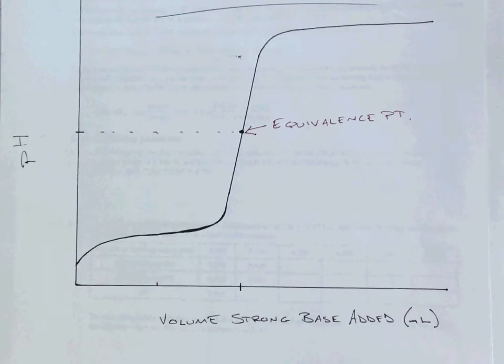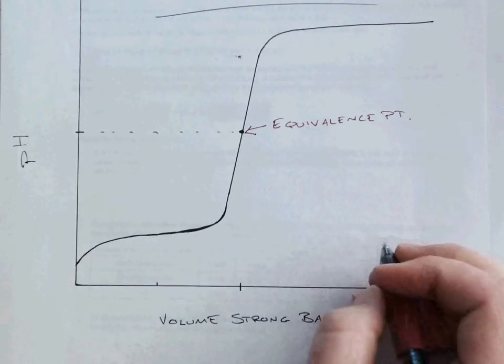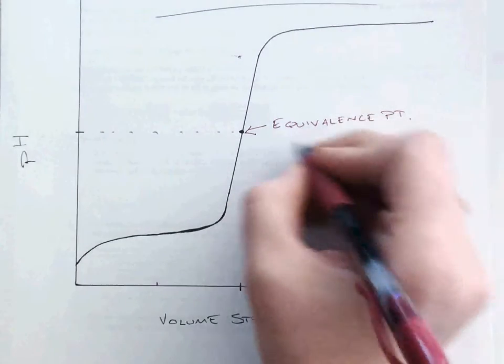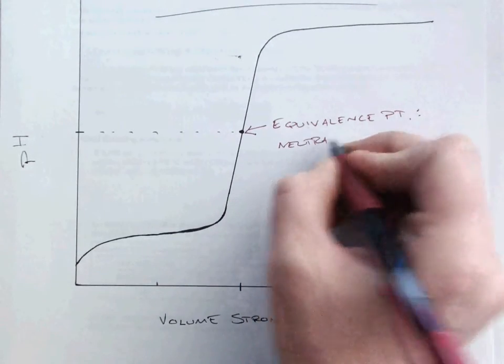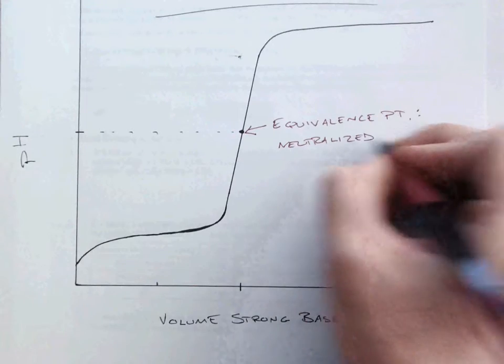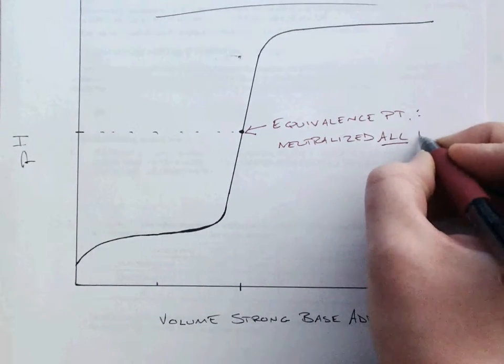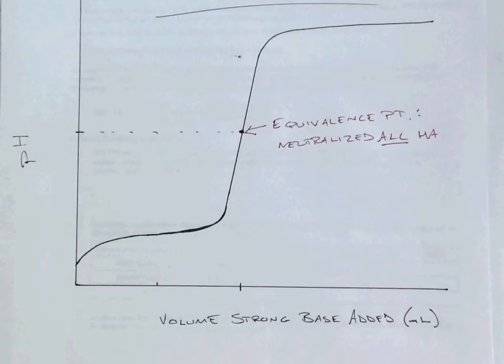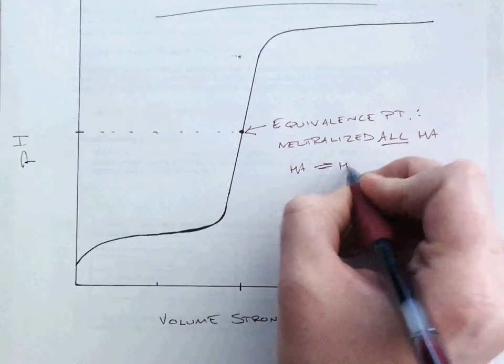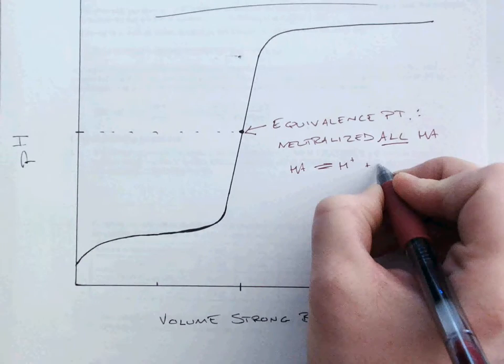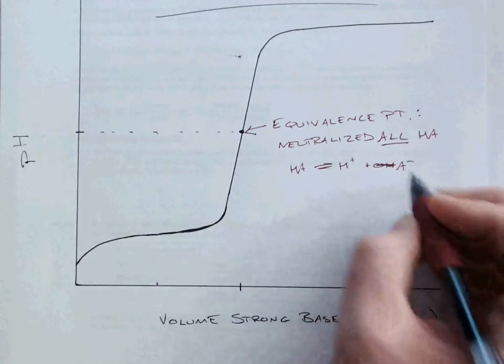is very important. The equivalence point is when you have neutralized all the acid. Now, what does that mean? Sorry, HA and A minus.